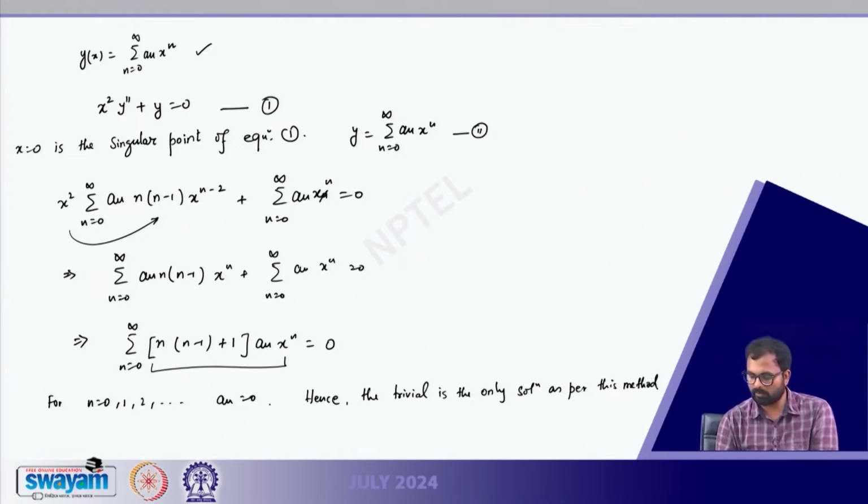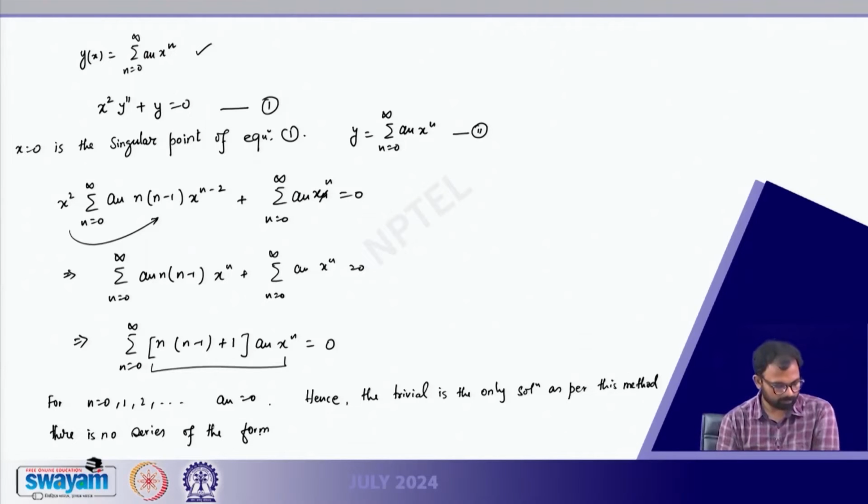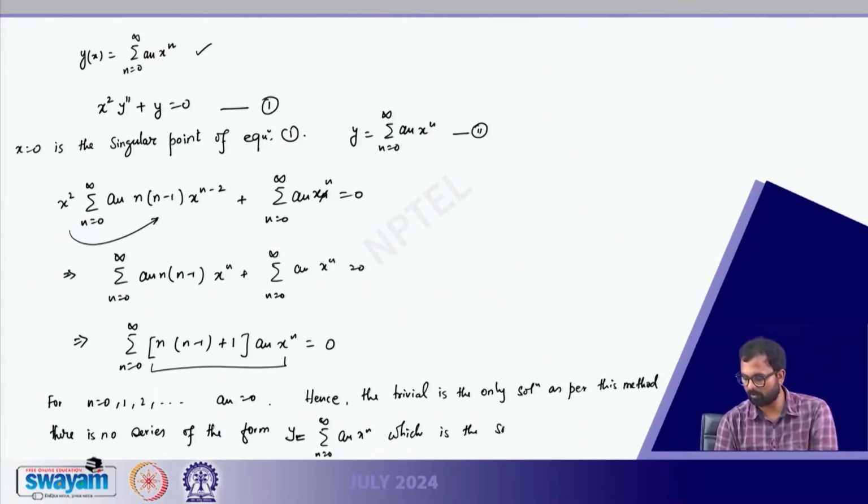That means there is no series of the form y equals summation n running from 0 to infinity a n x to the power n which may be the solution of equation 1. So, this tells us that if we consider a series of only this type, then we may not be able to get the series solution.